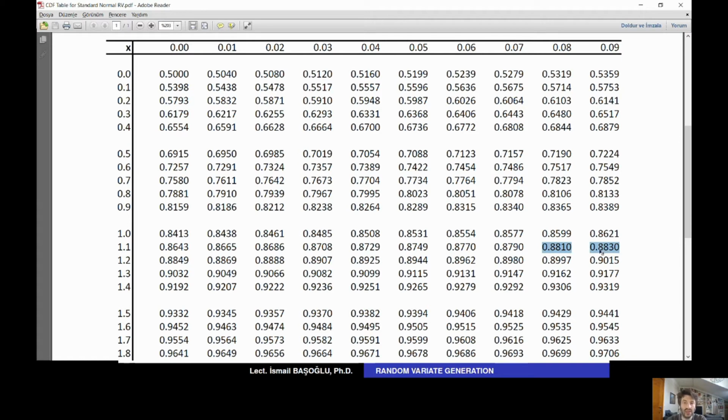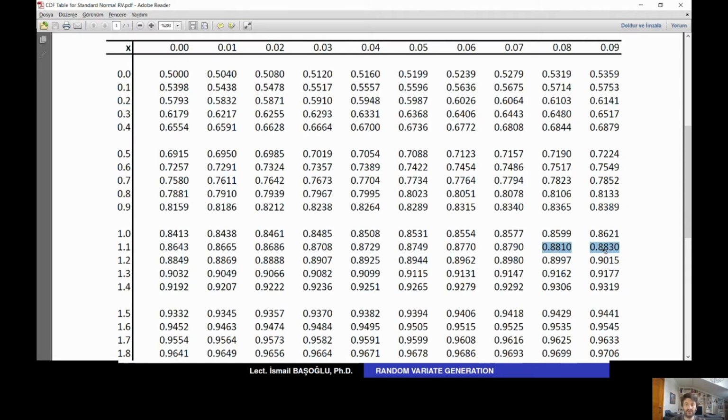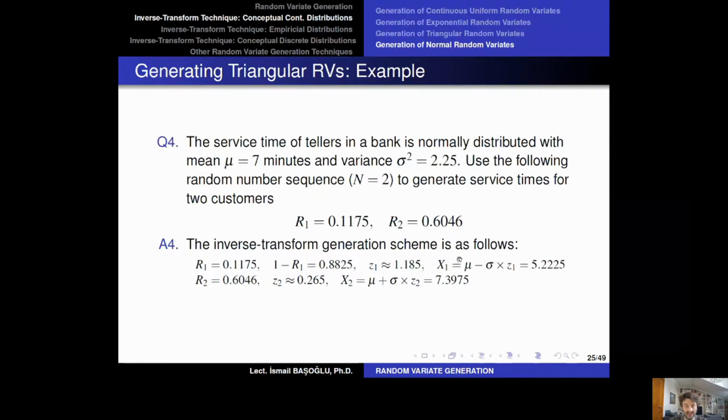I think it should be 1.1875, or approximately we can say 1.185, just the middle value between 1.18 and 1.19. However, we should not do it like this. So for 0.8825, I think we should choose 1.1875 as a better candidate. However, such small approximations can be made in any way.